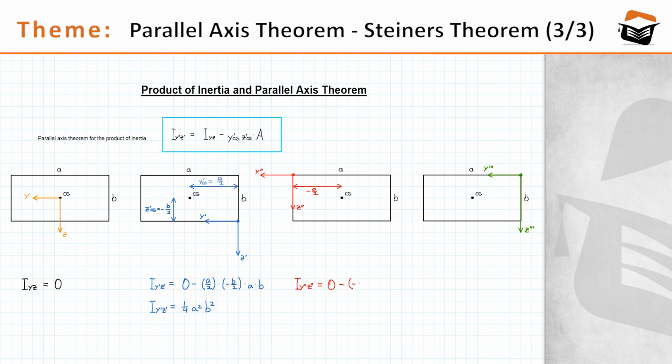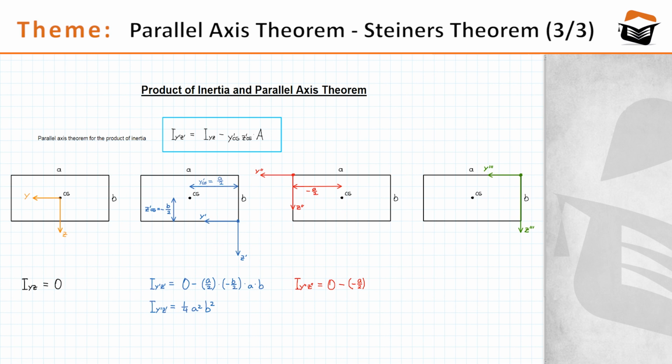So make sure to assign the minus sign times z sub cg double prime, sorry, we have to consider that we are dealing with double primes in this case.